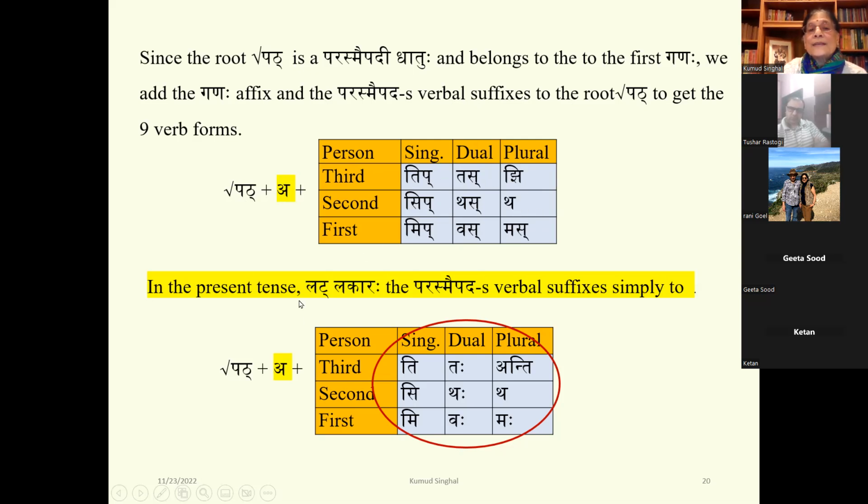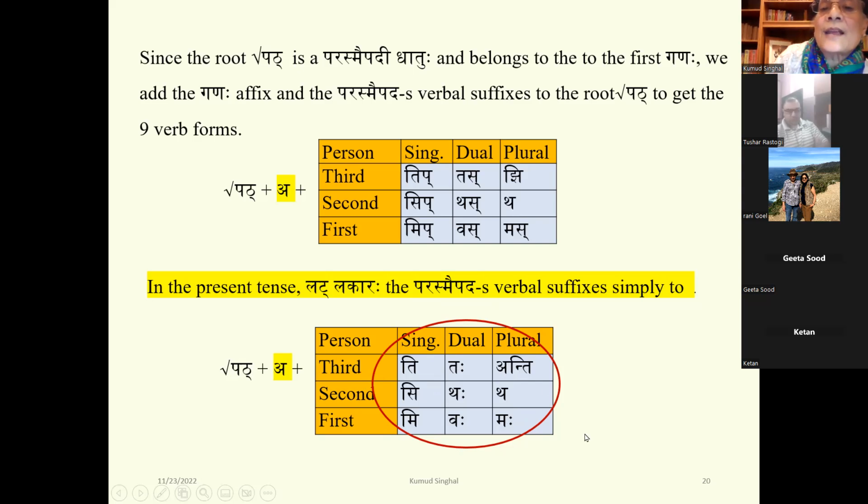So in the present tense, lat lakara, the parasmaipada verbal suffixes simplify to ti, tah, anti, si, thah, tha, mi, vah, mah. So you add these suffixes to pat plus a, and you get the nine verbal forms.